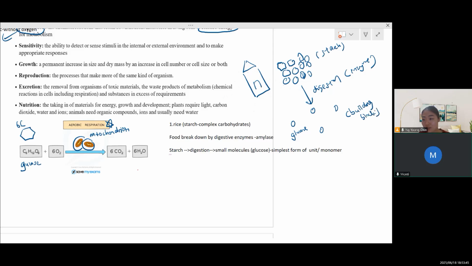You can imagine it this way, because you need blocks to build a whole large building. This is a block. So glucose is just the simplest unit to build up the starch, which is a more complex structure.